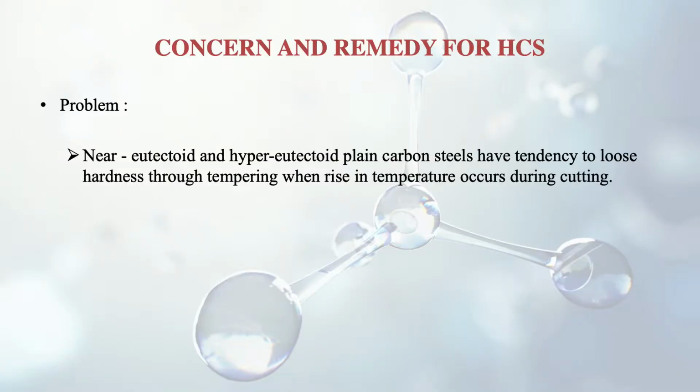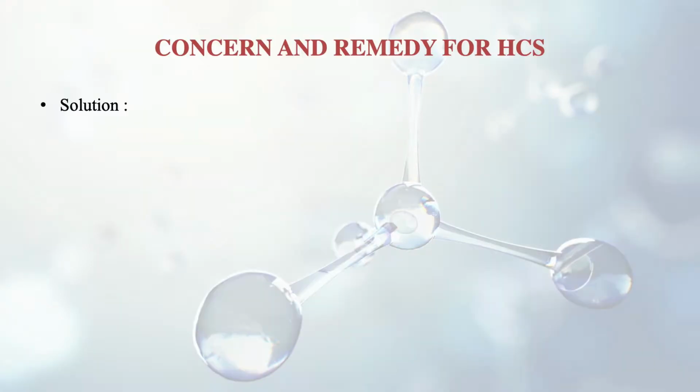These steels have a tendency to lose hardness through tempering when the rise in temperature occurs during cutting. Due to the temperature rise in the cutting process, the hardness will lessen and the tempering effect will come in. So the tool will get weakened, and we have to solve this problem.